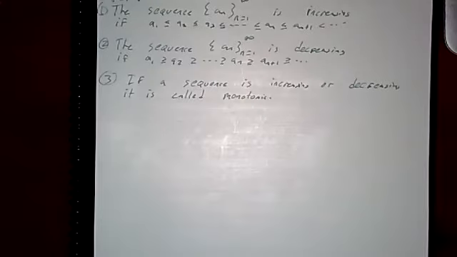Now, it needs to be decreasing or increasing for all n till infinity. Otherwise, it is not monotonic. Meaning, if it's decreasing for the first 1,000 terms and then all of a sudden it's not, or the first 1,000,000 terms and then it stops increasing or decreasing, then you would say it is not monotonic.